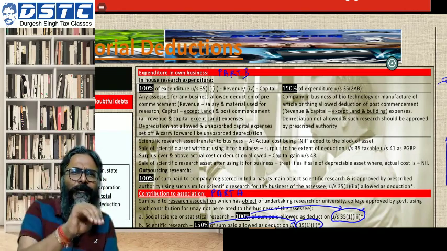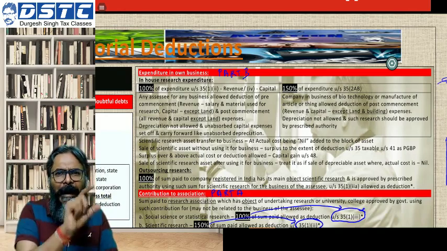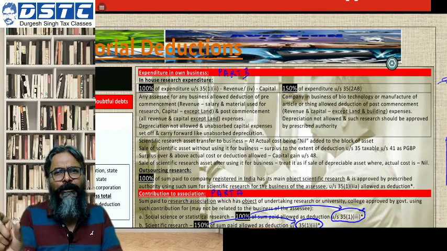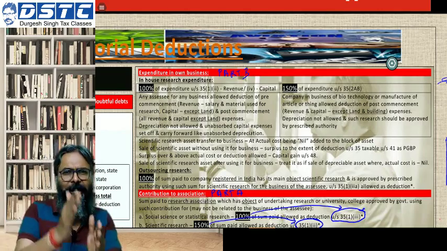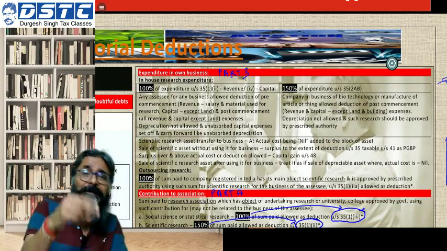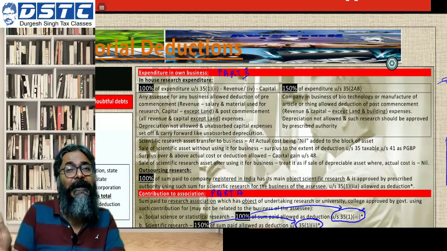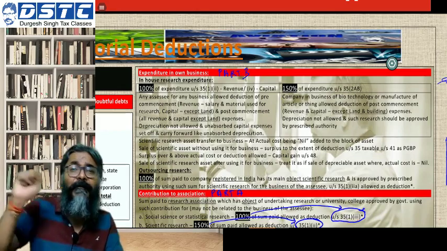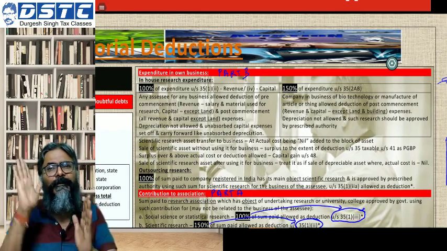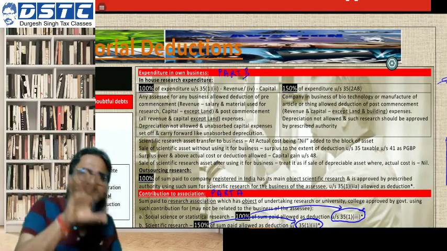In your profit and loss account, the revenue expenditure is debited on the debit side, and thereafter your net profit is determined as per the accounting concept. On that net profit, you further make the adjustments which are there in the head PGBP from section 28 to section 43B. But the revenue expenditure, students, is already debited.